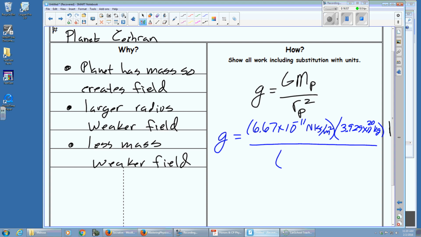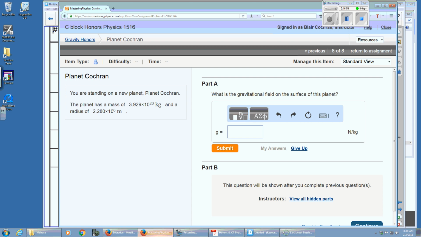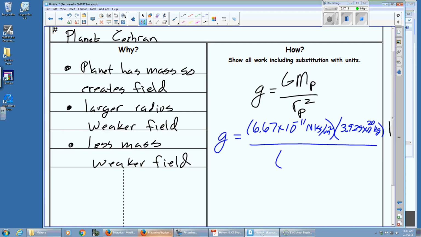Over the radius, how far I am from the center, 2.280 times 10 to the 6 meters squared.